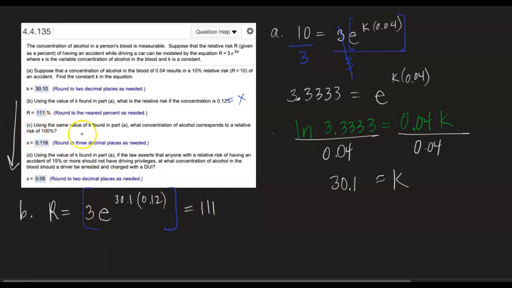And then in part C, we're going about this one a little bit differently. So here we'll have to take some steps to solve. In this problem, we're given the value of r. We're given that r is 100, and we're asked to solve for x. So let me write down what we need.